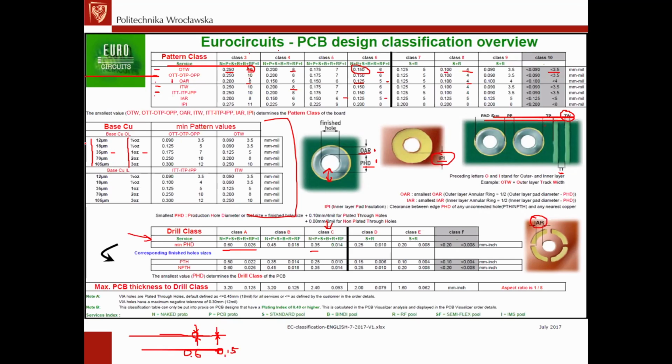The major and base copper for the outer layers, the first choice and the base price, is 35 microns.